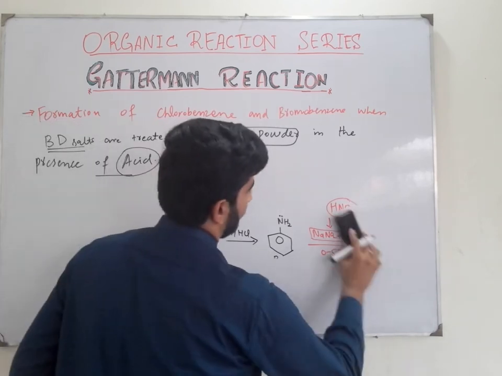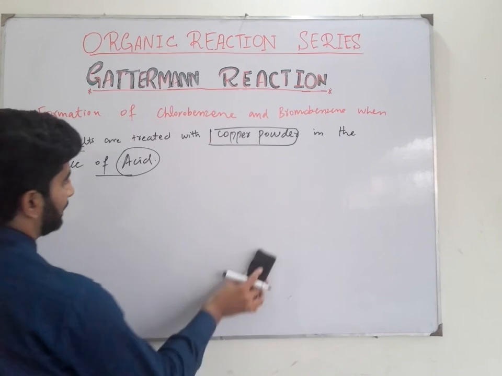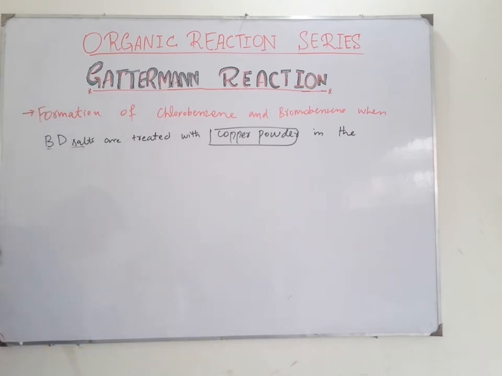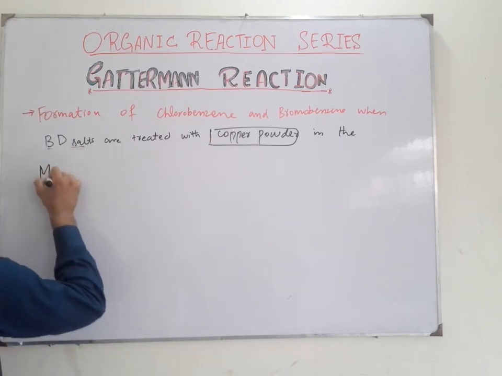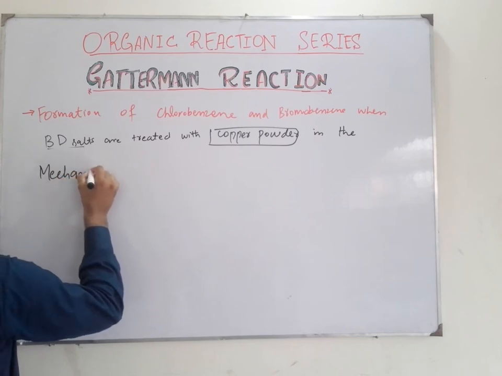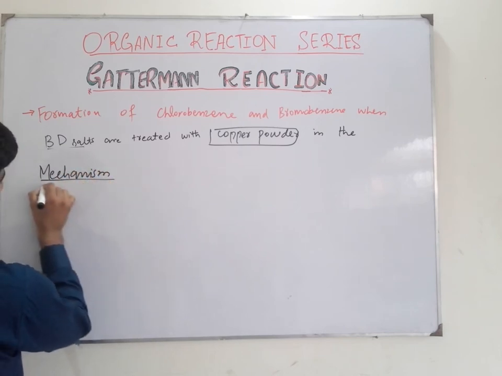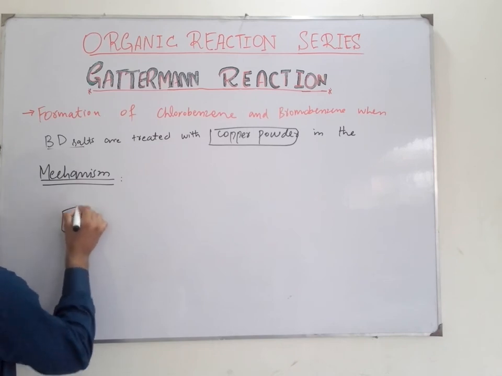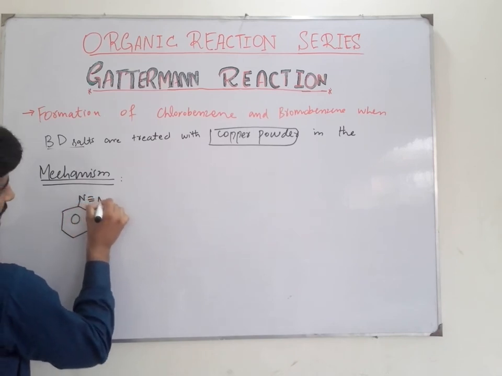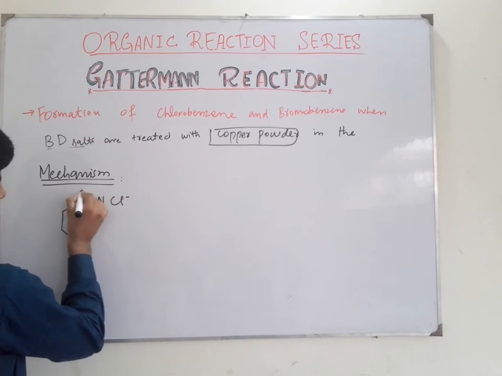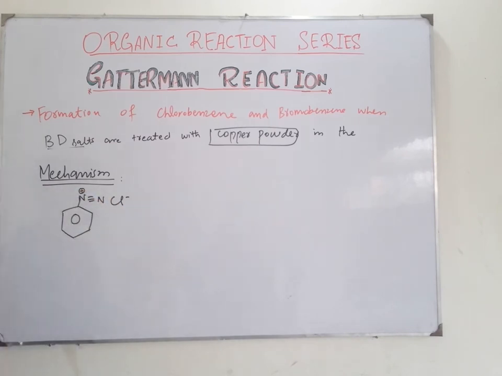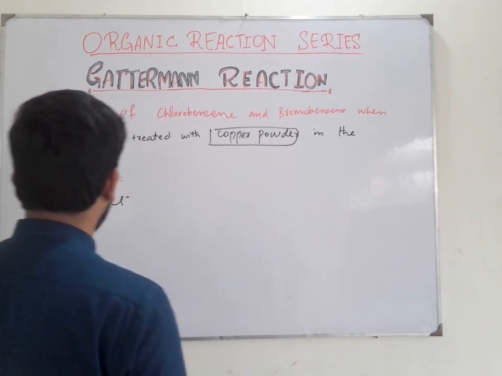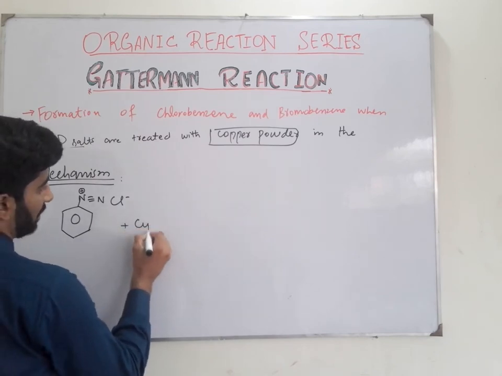Now we will discuss the mechanism of the Gattermann reaction. We have benzene diazonium chloride. As we use copper powder in this reaction, we add copper powder.